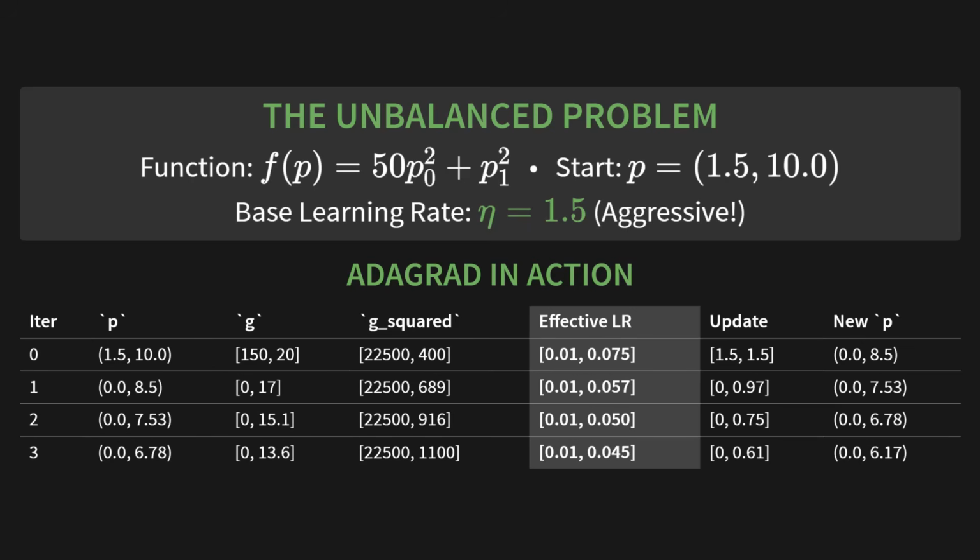For p0, it's 1.5 divided by the square root of 22,500, which is 0.01. For p1, it's 1.5 divided by the square root of 400, which is 0.075. The update becomes 1.5 for both, and our new p is 0.0 and 8.5. Look at the progress. After just a few steps, p1 is already down to 6.17.